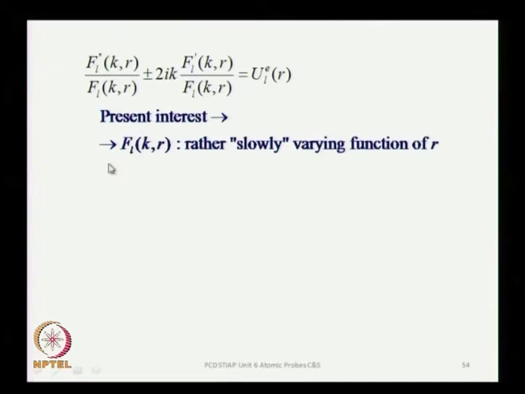If you look at the first two terms, the left hand side is a sum of two ratios, one is f prime over f, the second is f double prime over f. But in our case, f is a slowly varying function of r, which makes f prime weak and f double prime weaker still. So one of these two terms is certainly ignorable compared to the other. Do you recognize the approximation here? Okay. Now when you do that, you can throw off the first term.